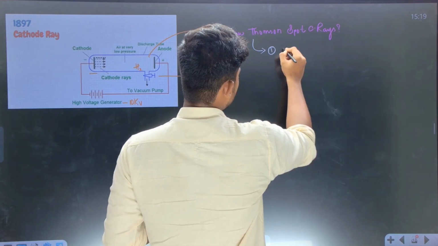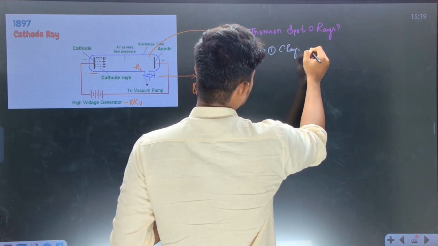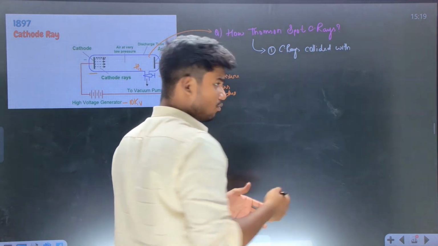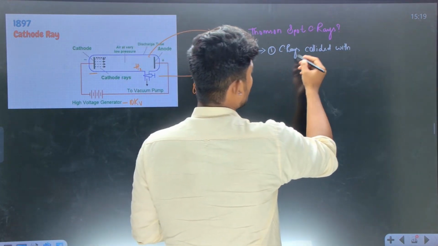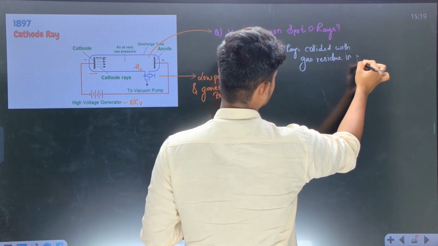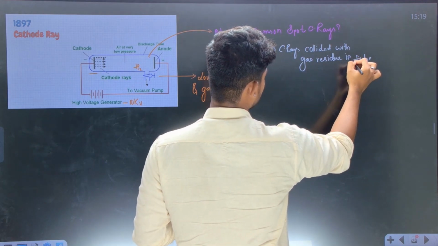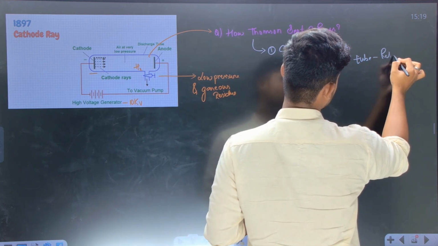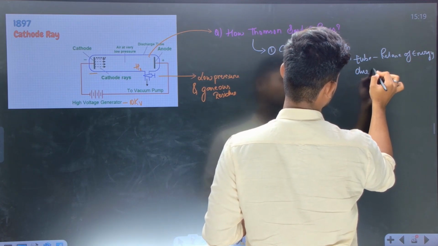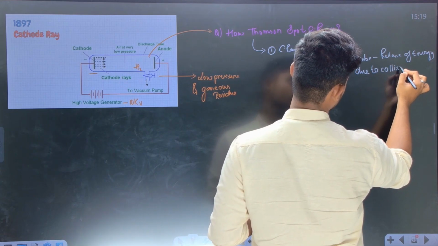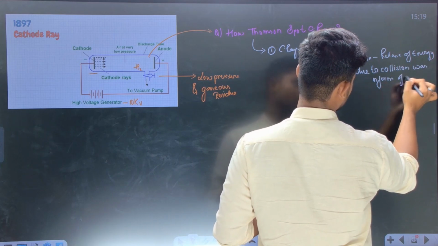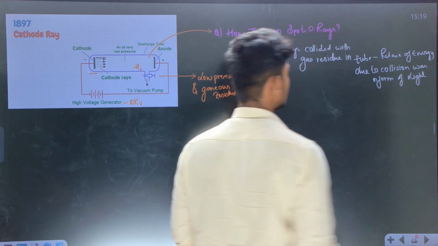The first assumption was cathode rays collided with gas residue in the discharge tube, and the release of energy due to collision was in the form of light. So that was the first reason.